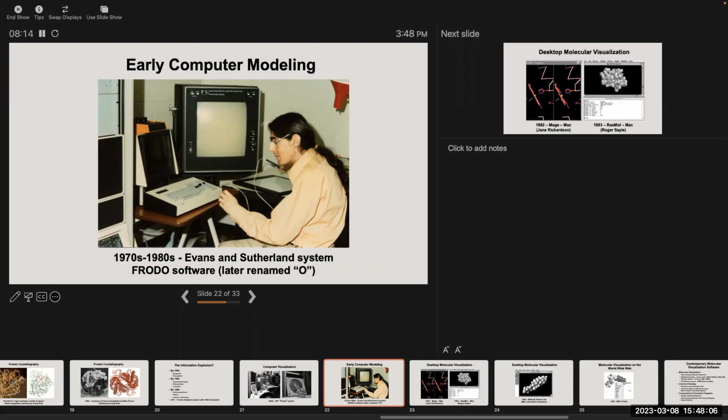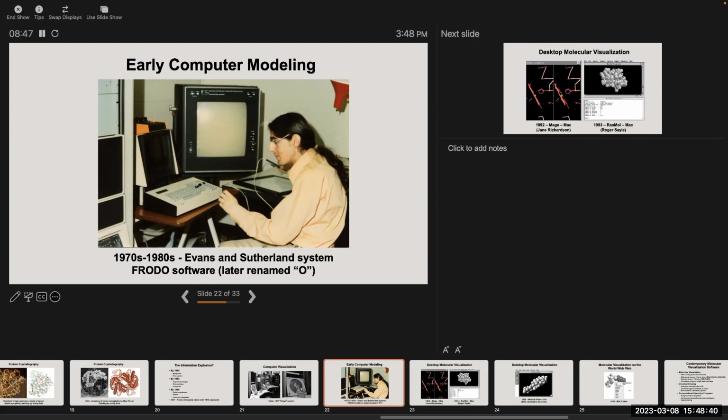There's a piece of software called Frodo. And what Frodo did was it took the X-ray crystallography data, those values of the angle alpha, theta that you would measure directly from the X-ray crystallography image, and it would do all of the math for you and actually generate a digital version of the three-dimensional structure of your molecule that you were interested in.